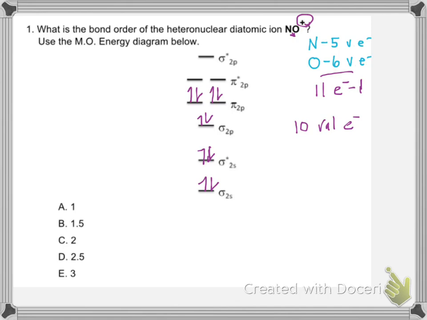So then remember that bond order is defined mathematically as 1/2 of bonding electrons minus antibonding electrons.